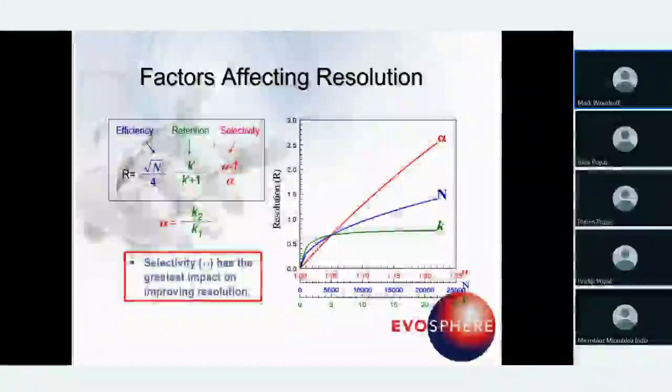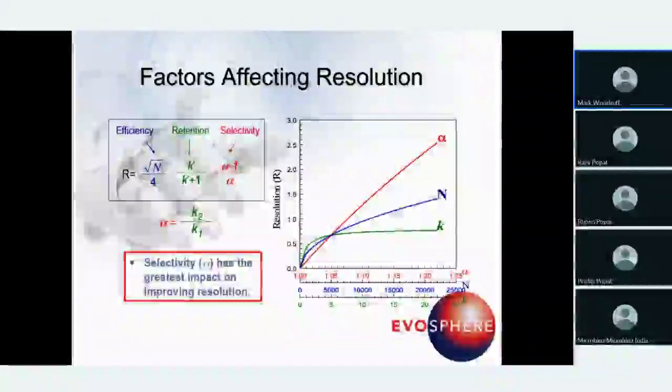So that's a factor that we can use in determining the resolution and selectivity between our peaks and increasing the values. But you'll also note that selectivity, the red line, has the strongest influence on the resolution between our peaks.